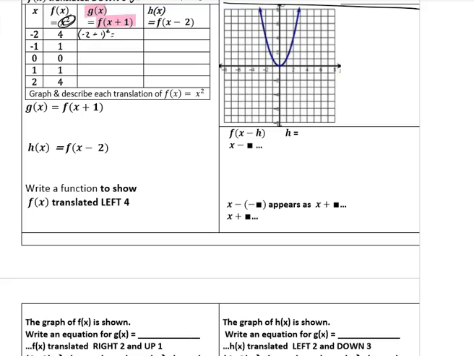So -2 plus 1 is a -1, squared makes 1. And keep going. -1 plus 1 squared is 0, 0 squared is 0. 0 plus 1 squared, that's 1. 1 squared is 1.